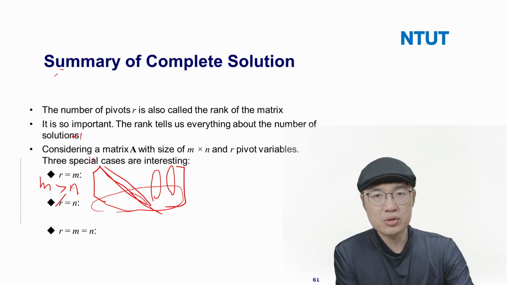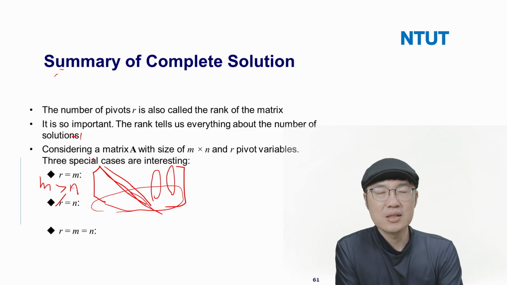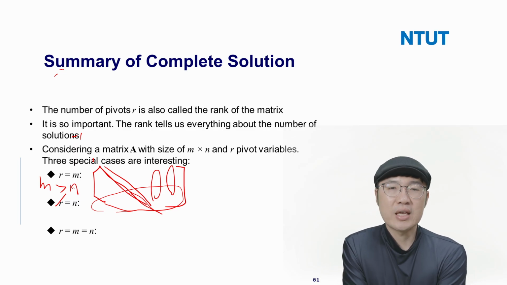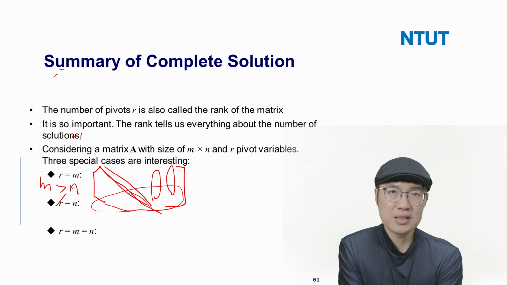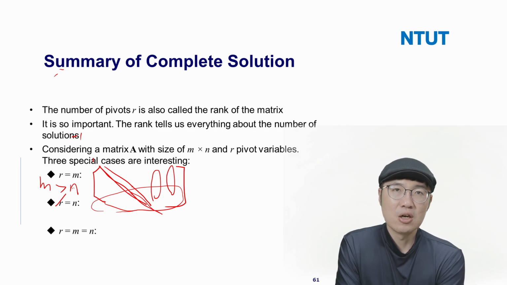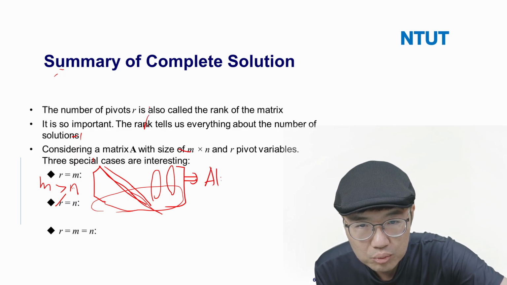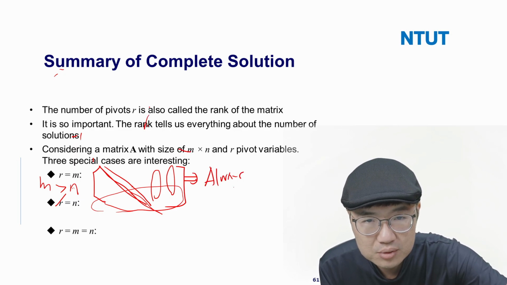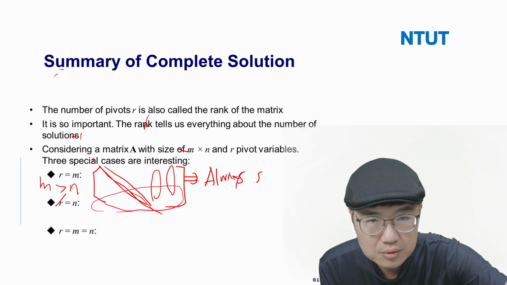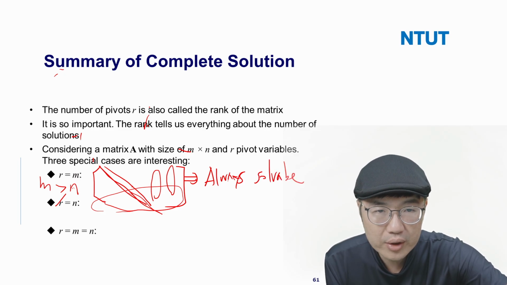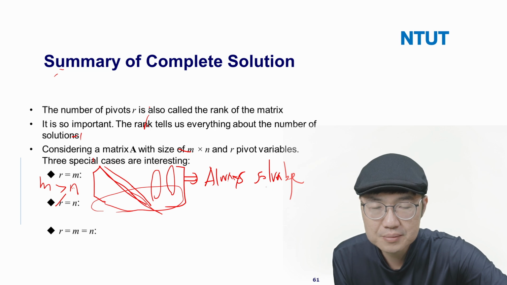No more zero rows also means that the right-hand side B can always be expressed as a linear combination of columns. So when R equals M, it is always solvable. We always have a solution.